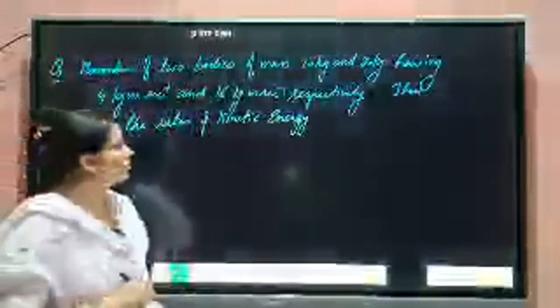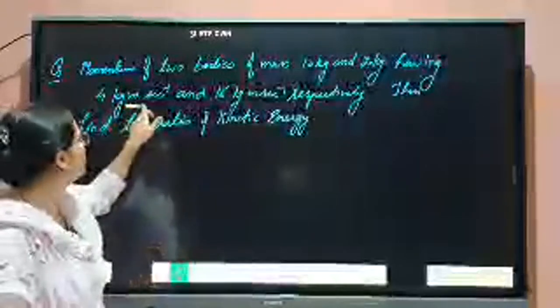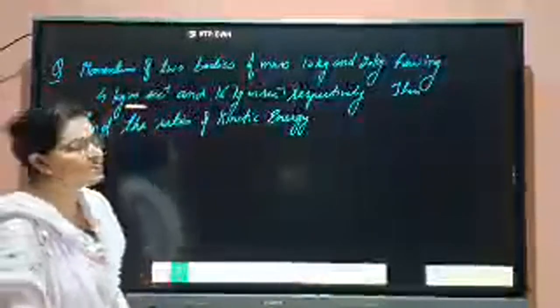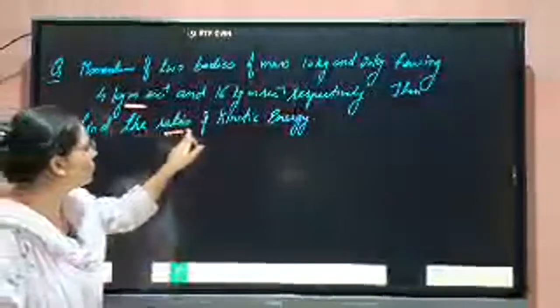Okay, this you have to find out. So momentum of two bodies are given, masses 10 and 20 kg, having their momentum 4 and 16 kg meter per second respectively. Then we have to find out the ratio of the kinetic energy of both objects.